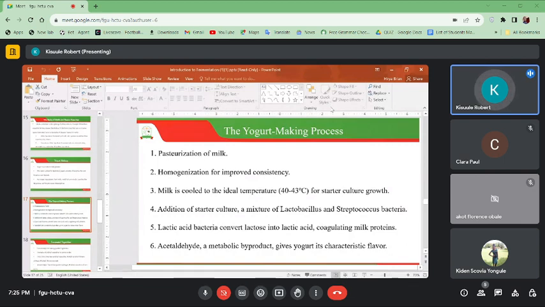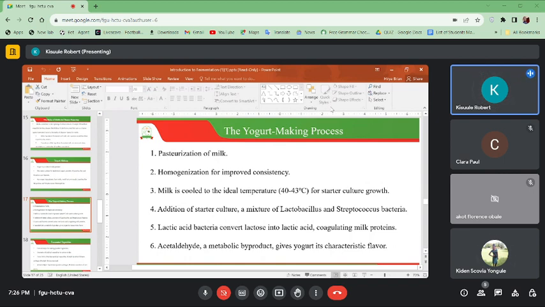First, we talk of pasteurization and its importance in killing all the germs in milk. Then homogenization, breaking down the fats to have an even distribution of fat molecules in the milk. The milk is cooled to temperatures of 40 to 43 degrees centigrade, and the lactobacillus and streptococcus bacteria are added. The lactobacillus converts the lactose into lactic acid and coagulates the milk proteins.